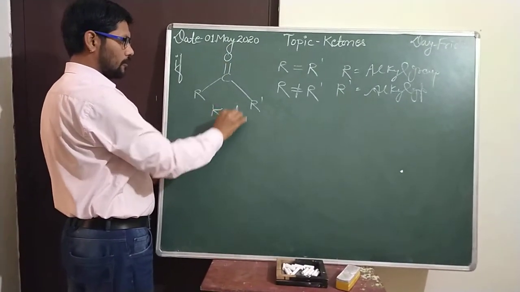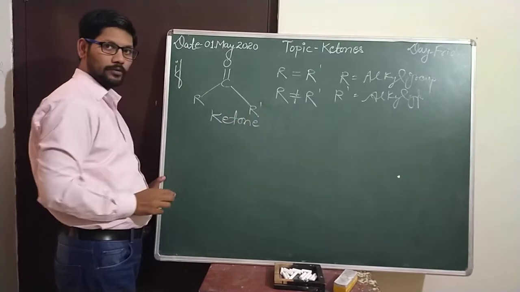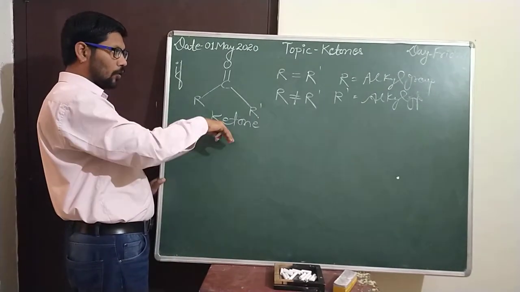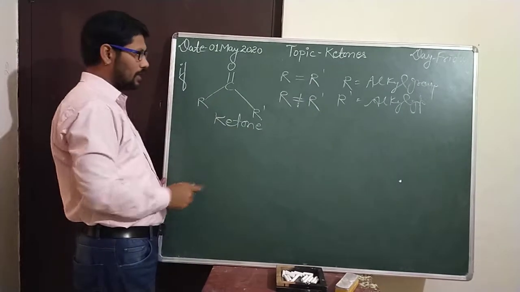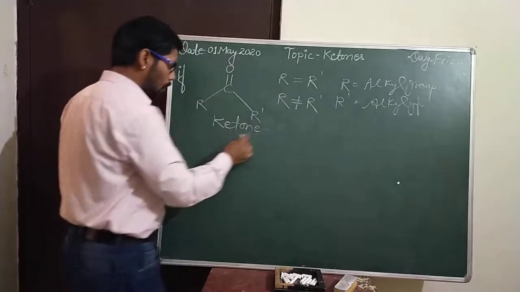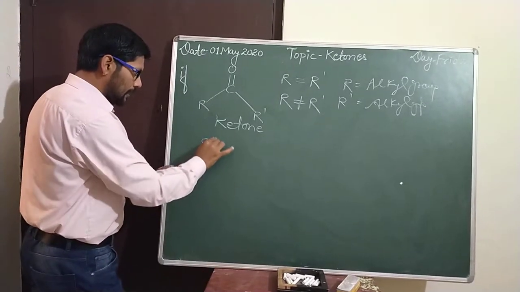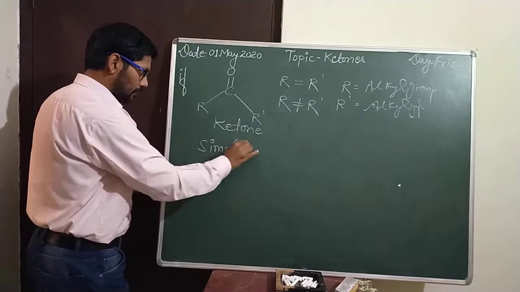This is called ketone. And in ketone, when both R and R dash are equal, this type of ketone is called simple ketone.